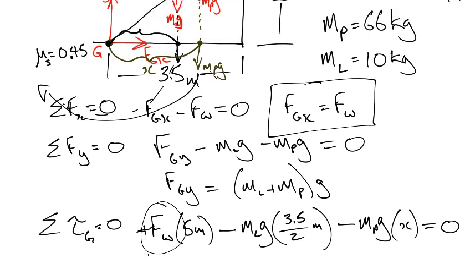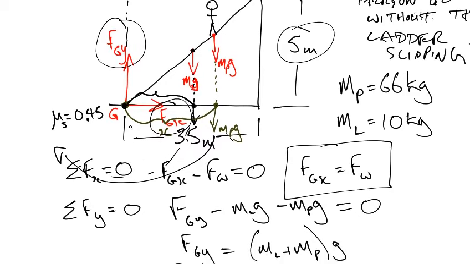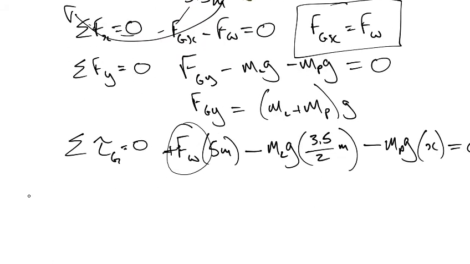Well, if you look at this relationship here, Fgy can be considered to be the normal force, this guy, and Fgx can be considered to be the force of friction. Therefore, you can say force of friction equals mu Fn, normal force.